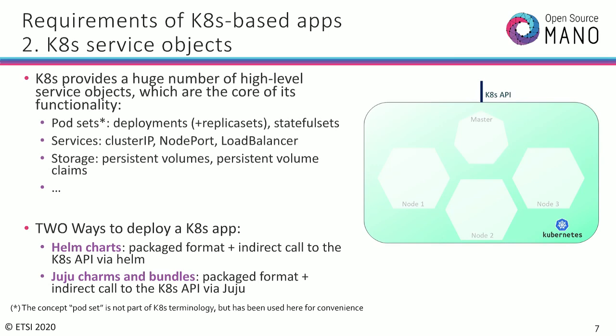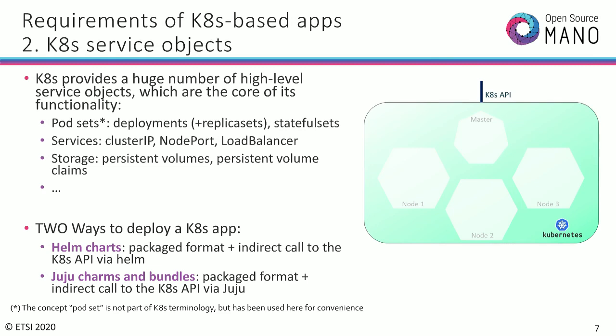Now, the second requirement from the K8s applications are the K8s service objects. So mainly a vendor offering a K8s application needs to write some service objects. Those service objects are provided by the Kubernetes API.